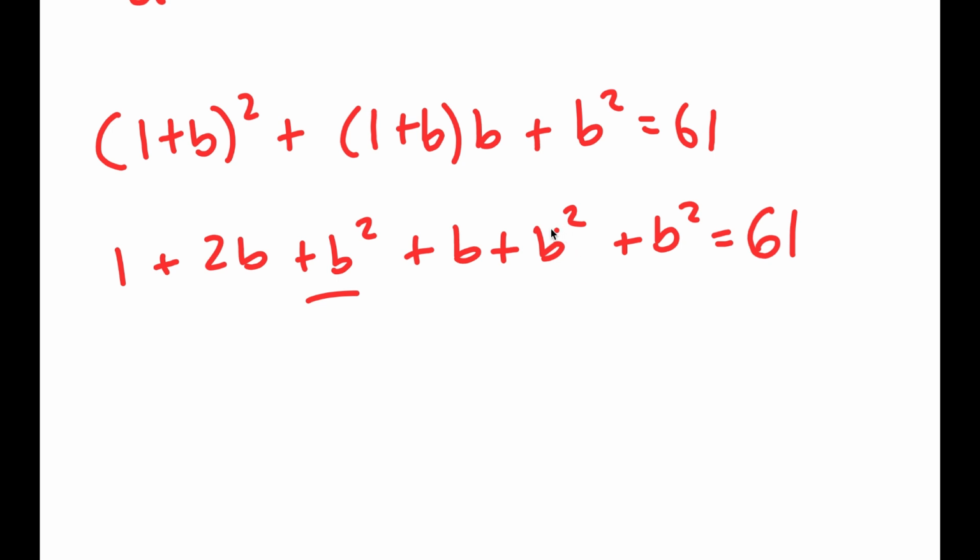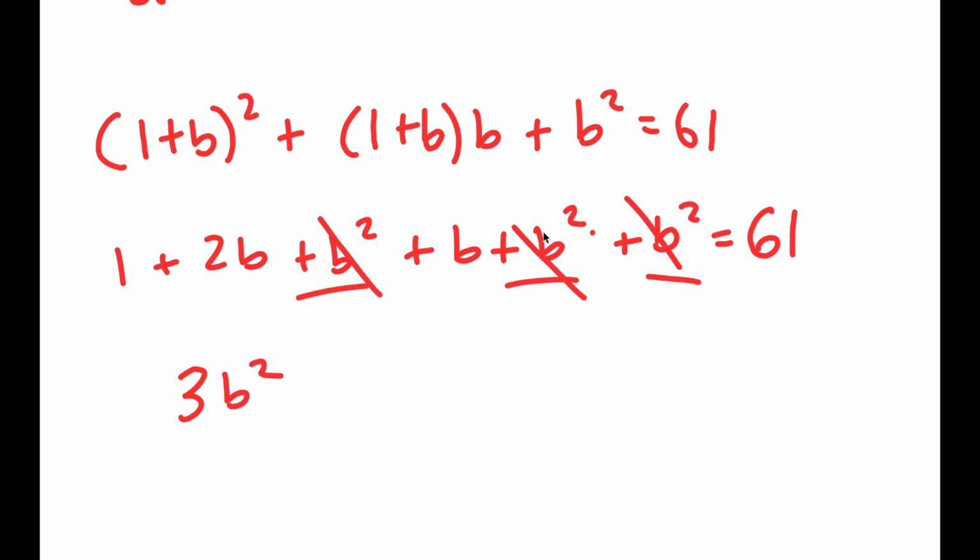We first look at the highest power, which is the power of 2, b squared. And we're going to add these. So b squared plus b squared is 2b squared. And there is actually another b squared right here. So b squared plus b squared plus b squared is 3b squared.